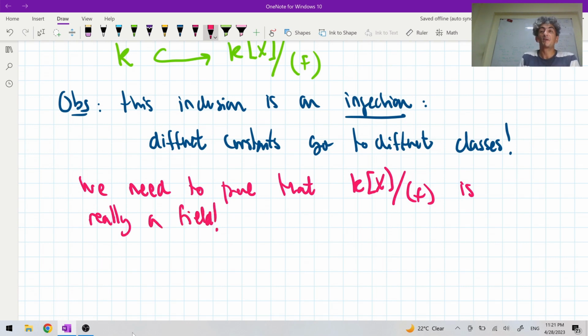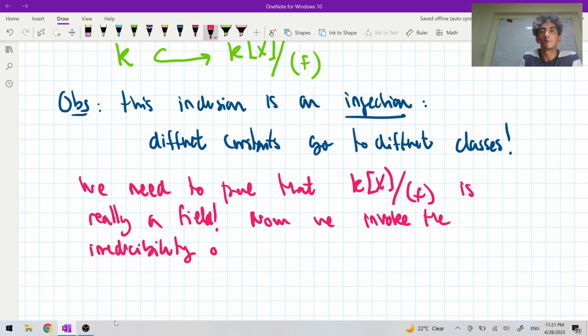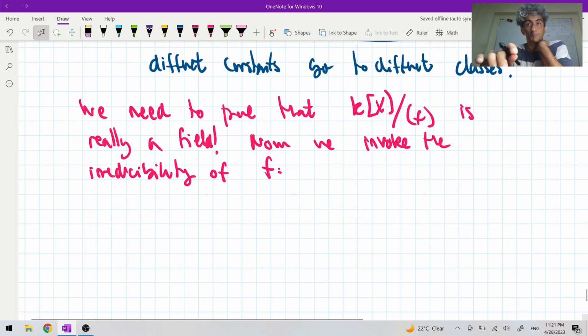And now we are going to use the irreducibility of f. This is very simple.